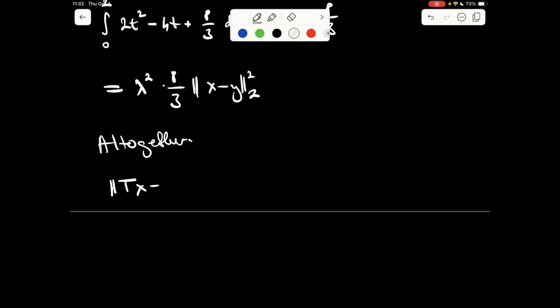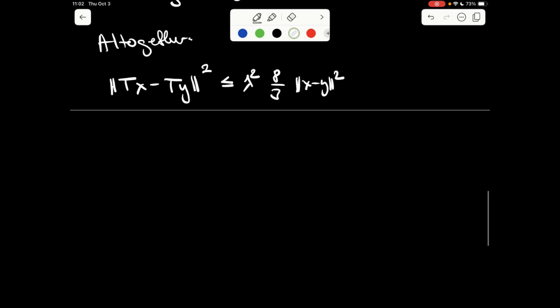So altogether, taken all together, we have a Lipschitz mapping. Okay, from which it follows that we have a contraction mapping if lambda is not higher than 3/8.